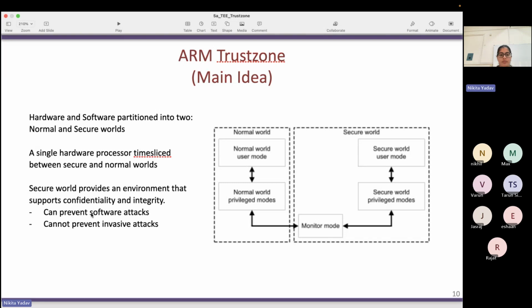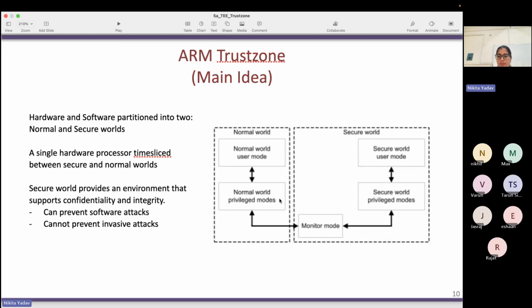So if you are running your application inside this secure world, then that application's data and compute will be protected, and any application running in the normal world, and even the privileged OS running here, cannot have access to the data of the application running in the secure world.